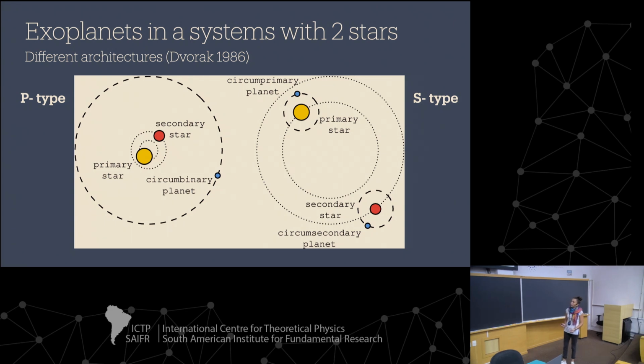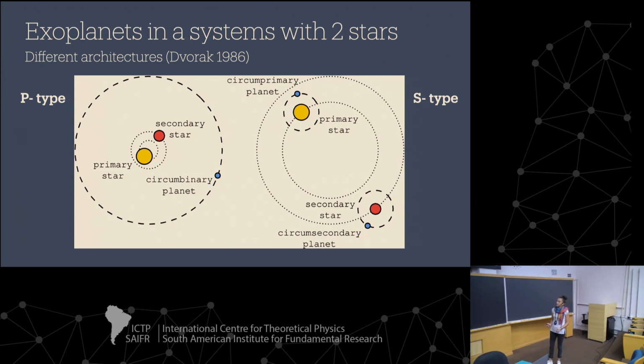Basically, in here you have the stars that are in the center and the exoplanet that is orbiting around it. In here, you have an exoplanet that is orbiting one star, and this star is orbiting another star. So each one of the stars has their own exoplanet. It's not that the exoplanet is around both of them. Is this clear? Because this is important.